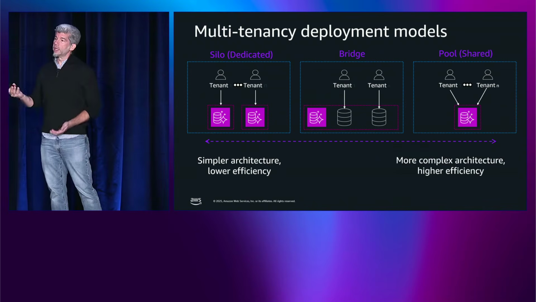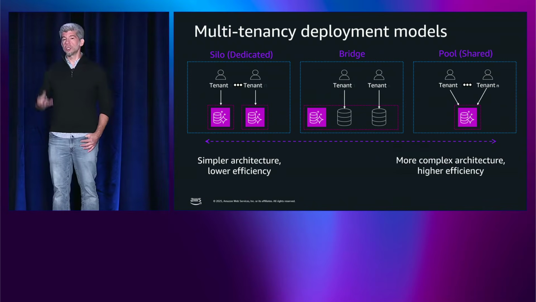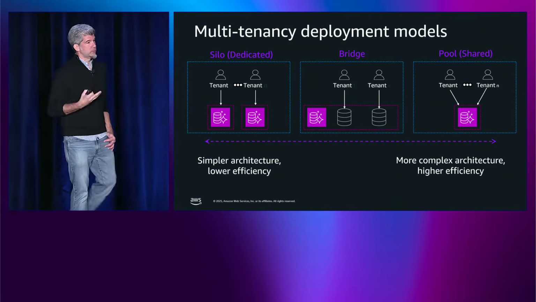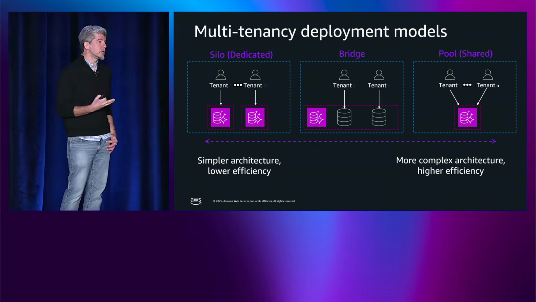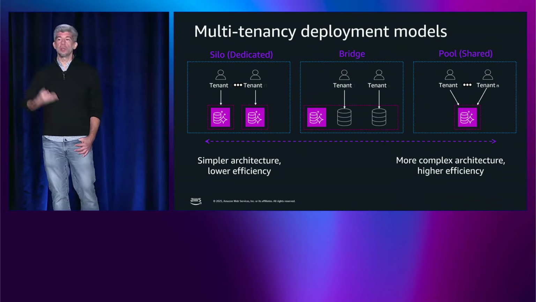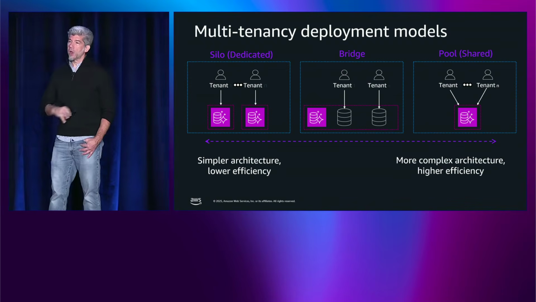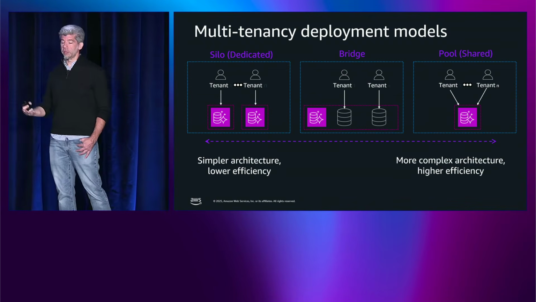On the other side, we have more complexity. To really properly do pooled or shared solutions, we have to think deeply about what the multi-tenant concerns are and how we've handled them. How do we apply governance? How do we think about tenant isolation? How have we done data partitioning? All of those questions become very, very important.